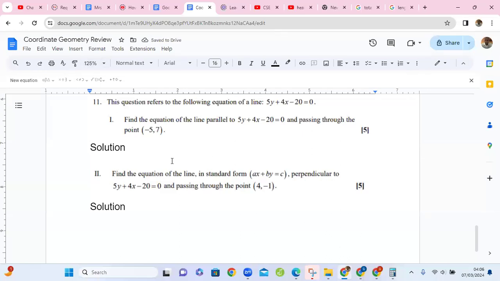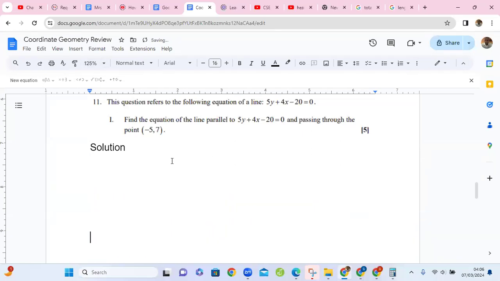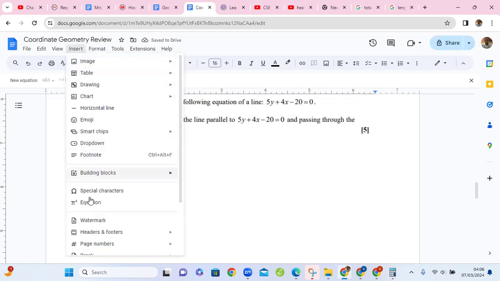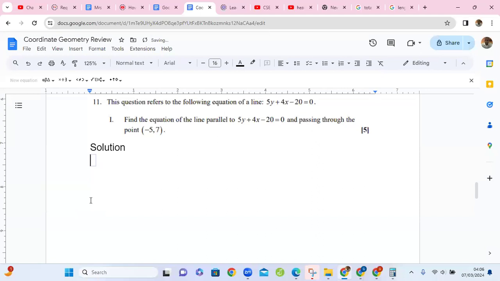So we're going to start with 5y plus 4x subtract 20 equals 0. Also, bear in mind, please take out a pen or pencil and paper and follow the video as it goes along, so you can be practicing at the same time.